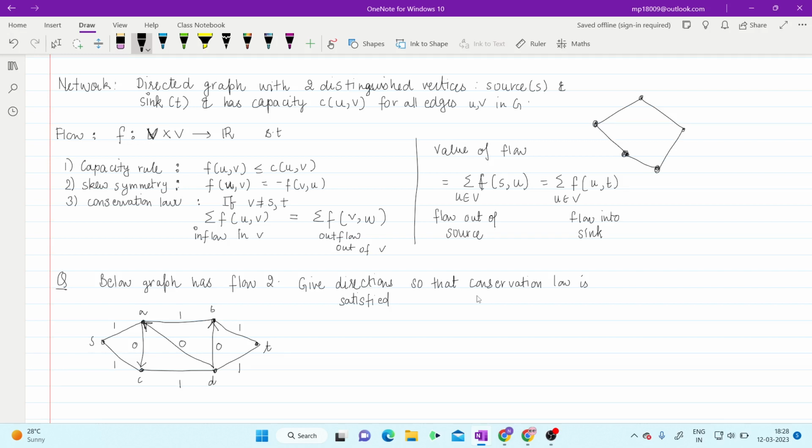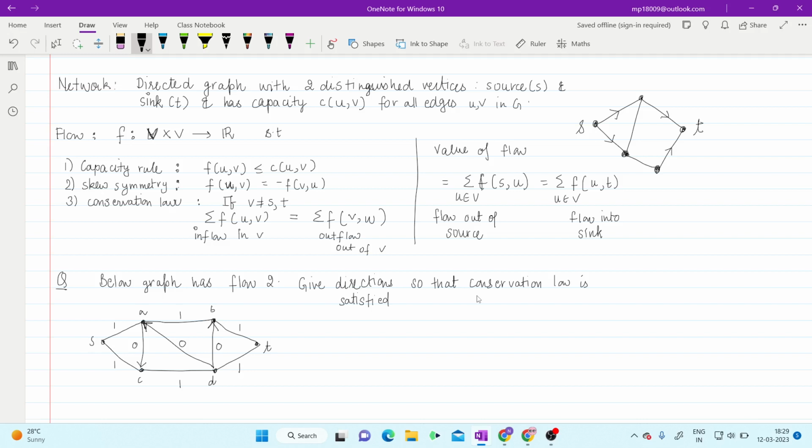So a network has three properties. First of all, it is a directed graph, that means all the edges have some direction. Then it has two distinguished vertices, source and sink.